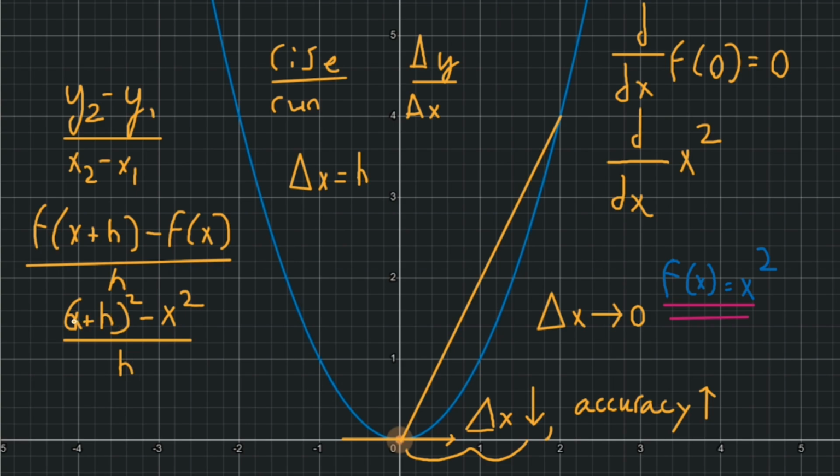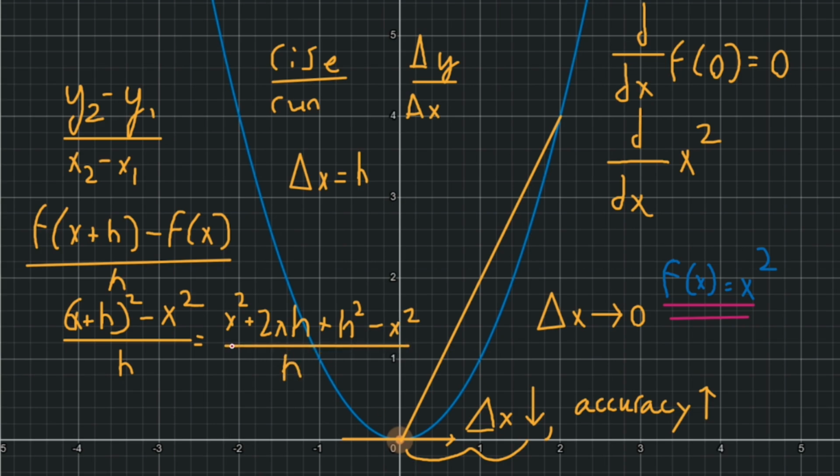And then we can go ahead and factor this out as being x squared plus 2xh, God, this is a doozy, plus h squared minus x squared. And of course, we can't forget this h down here.